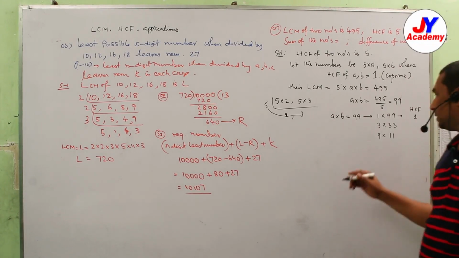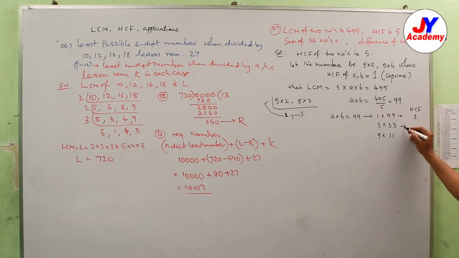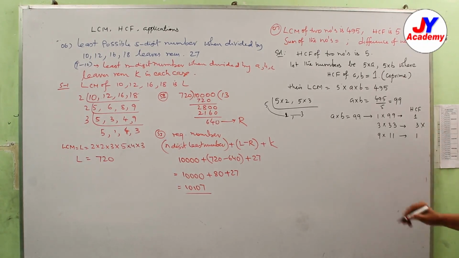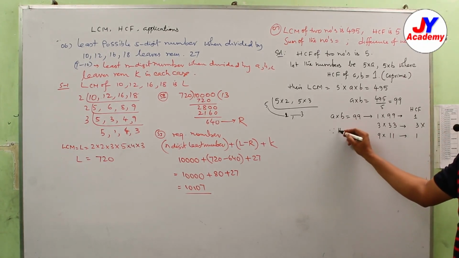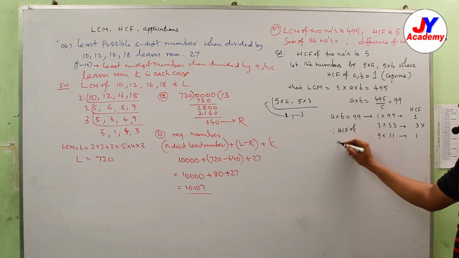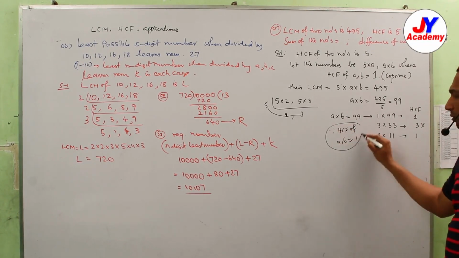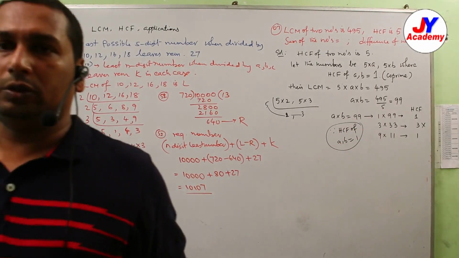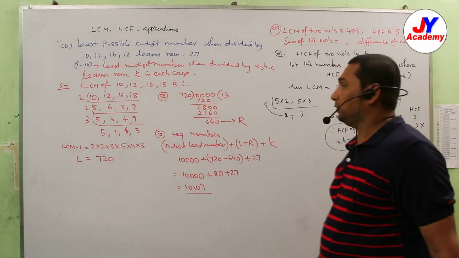Now see here, the HCF of the pair 1 and 99 is 1. The pair 3 and 33 has HCF 3. The pair 9 and 11 has HCF 1. So 3 and 33 fails, since the HCF of A, B must be 1. That is the prime requirement.